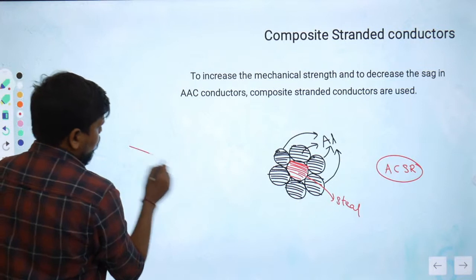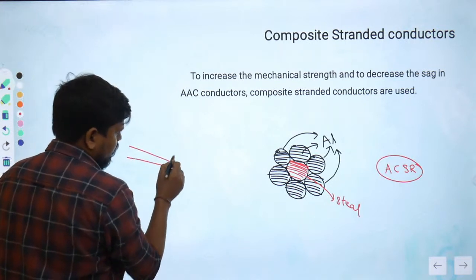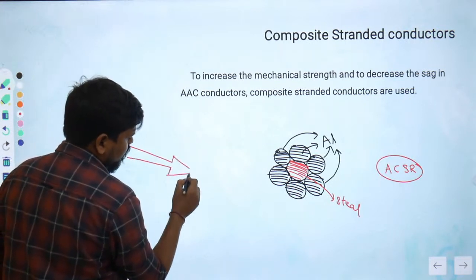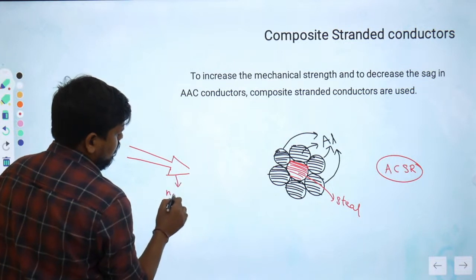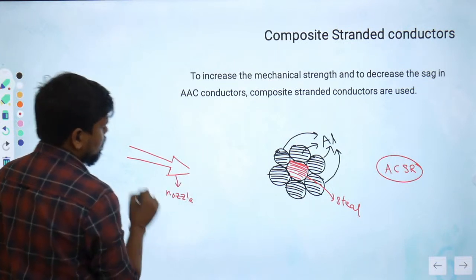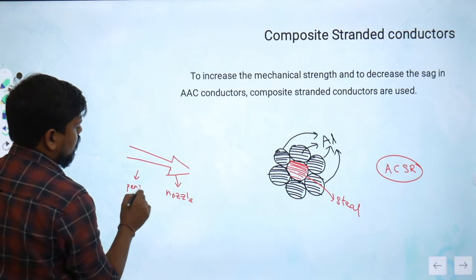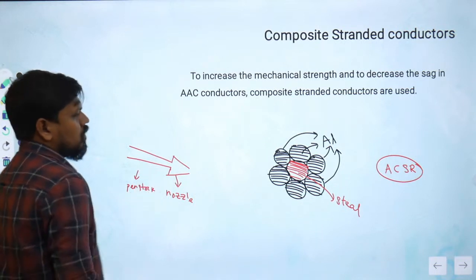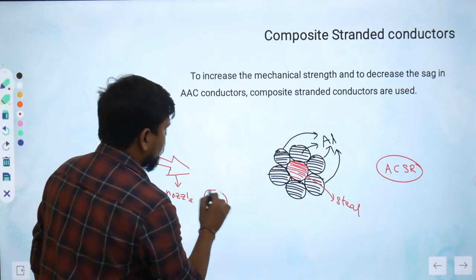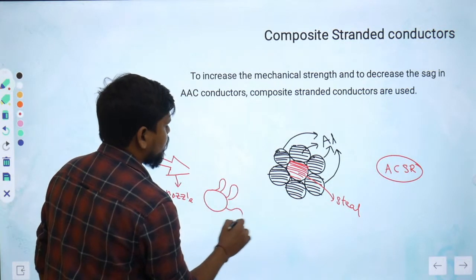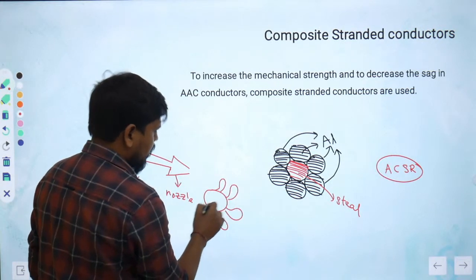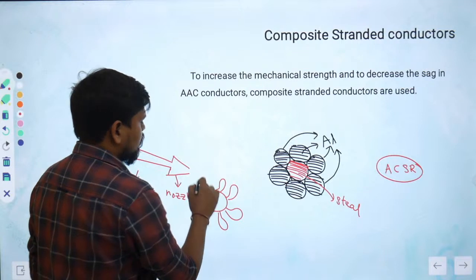So for example, this is the penstock. At the end of the penstock we will have the nozzle. So this is the nozzle, this is the penstock. The turbine will be here, and let's take this as a Pelton wheel type of turbine where we have the buckets here. So these are the buckets.